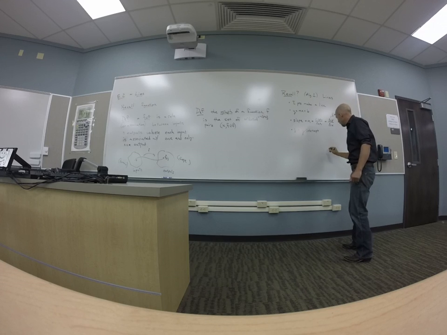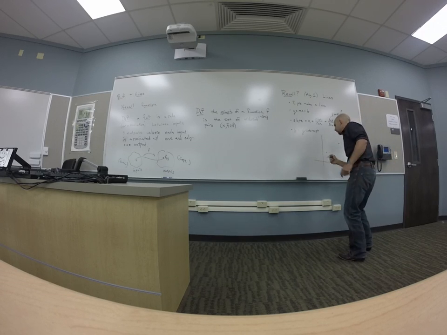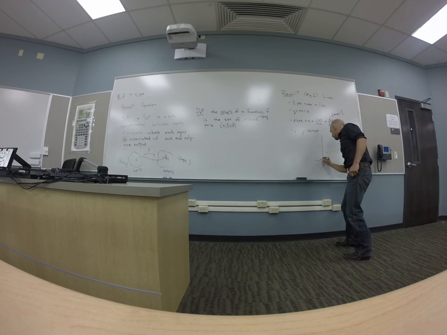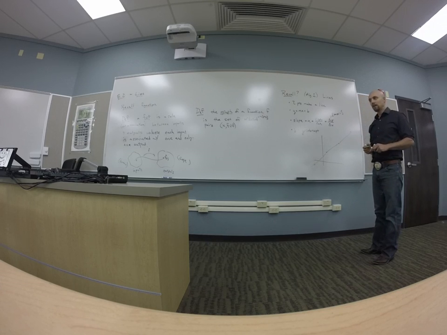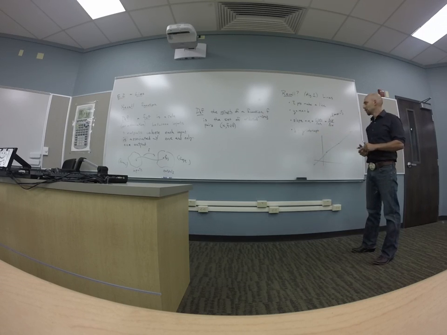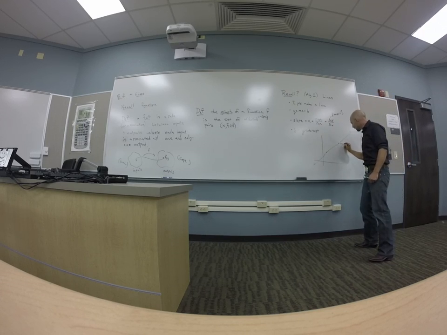Pictorially, here's 2 points, here's some axes. My line that goes between those looks something like this. Not my best line ever. And on this picture, I should be able to label the slope and the y-intercept. By rise, I mean this vertical difference between these 2 points.